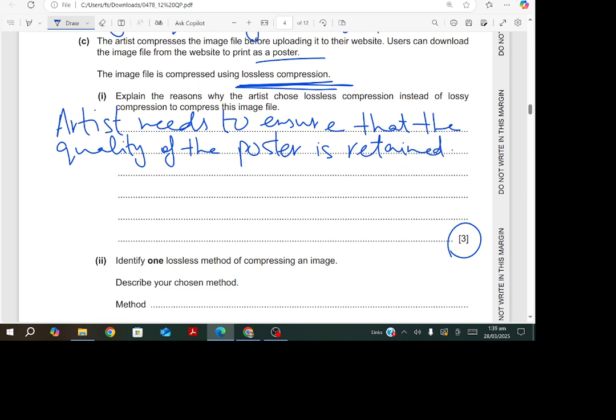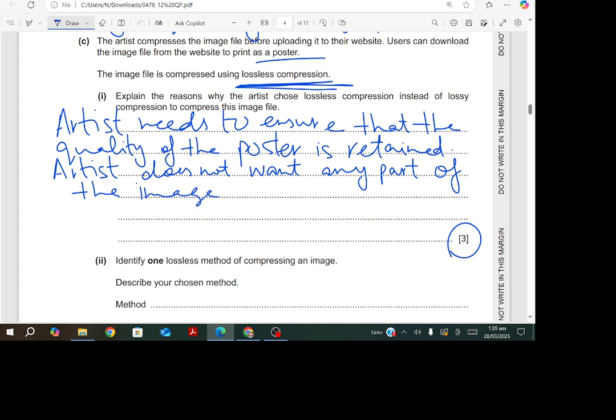What else can you write? Artist does not want any part of the image to be lost. 2 points.